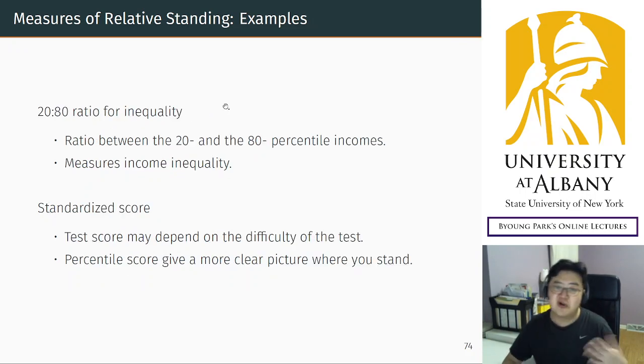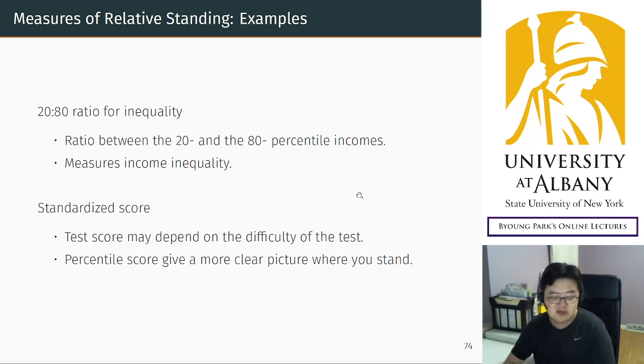And inequality. If you study income inequality, usually percentiles are used. For example, the 20-80 ratio. What is the ratio between the top 20 and bottom 80 percentile incomes? It's one of the popular measures of income inequality. And standardized score.